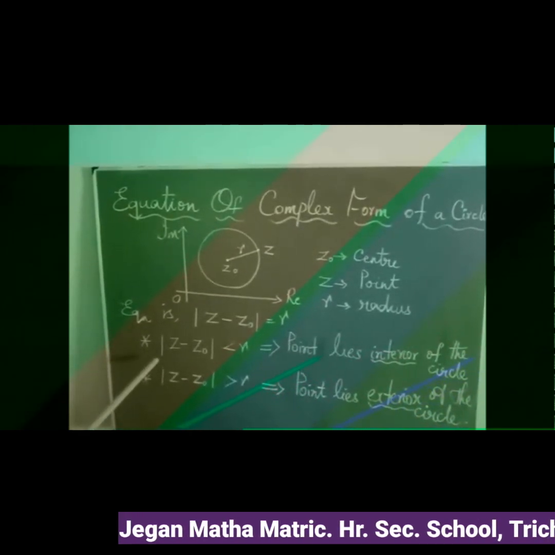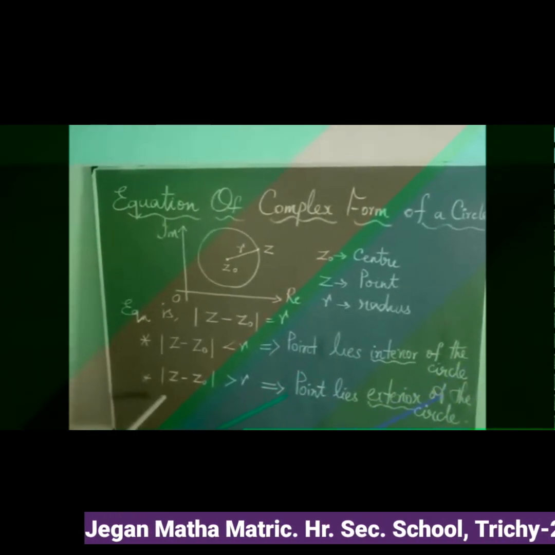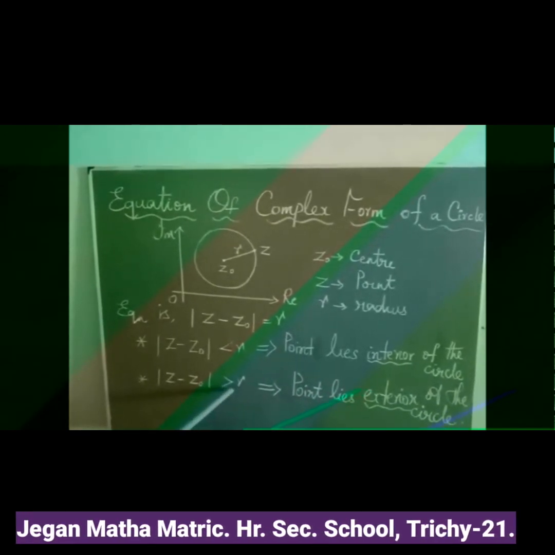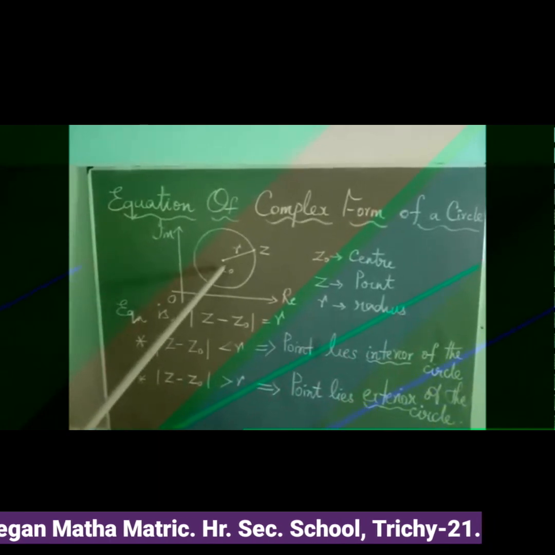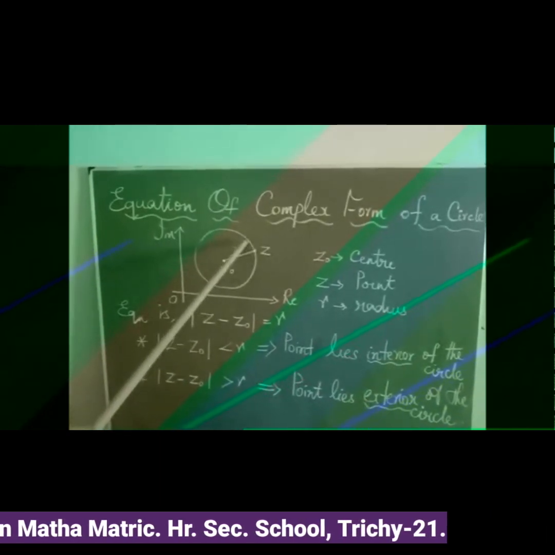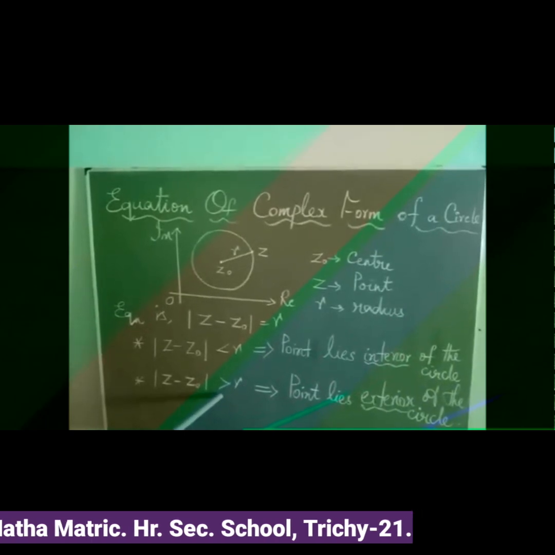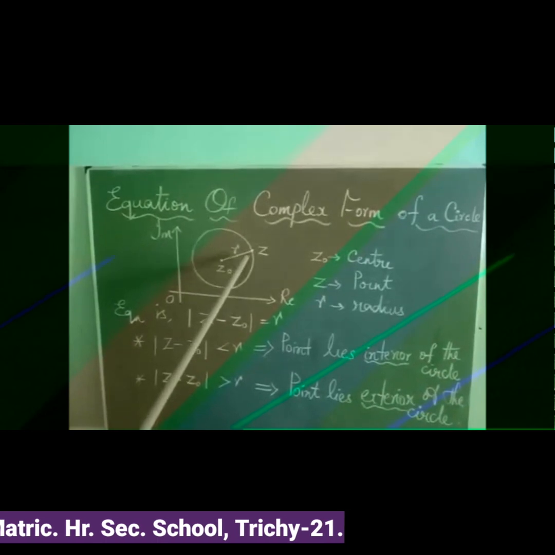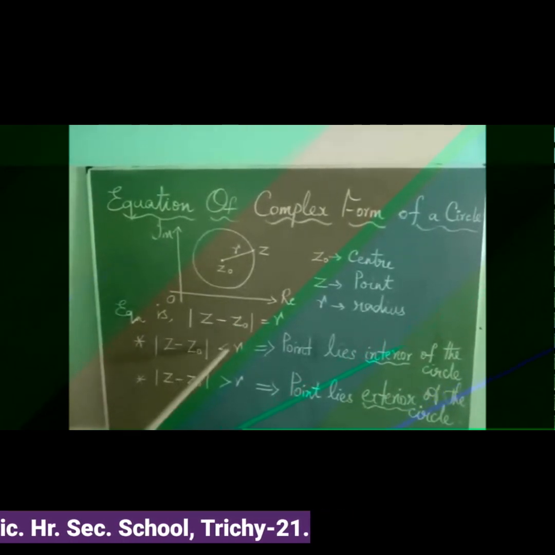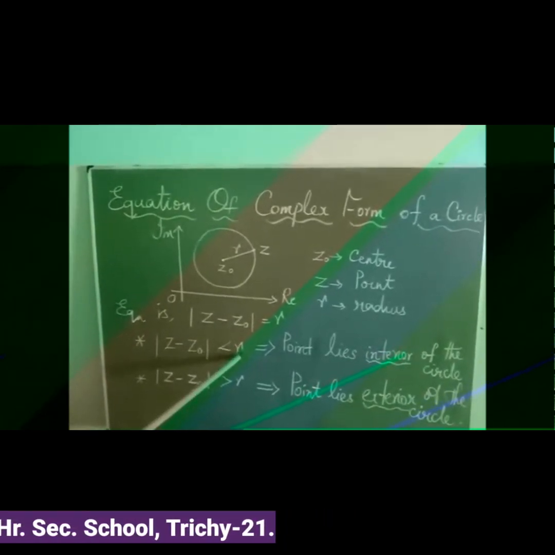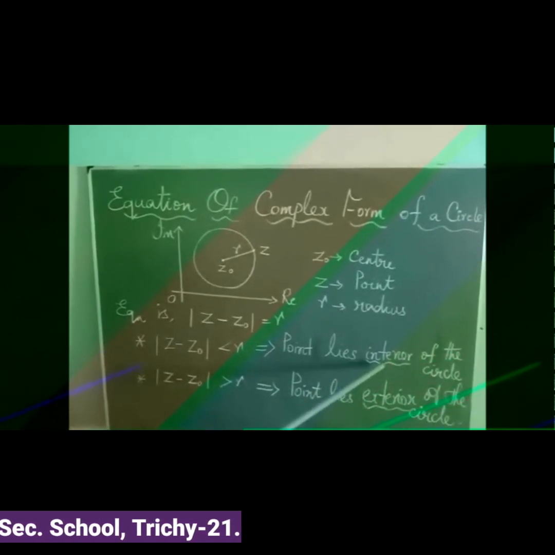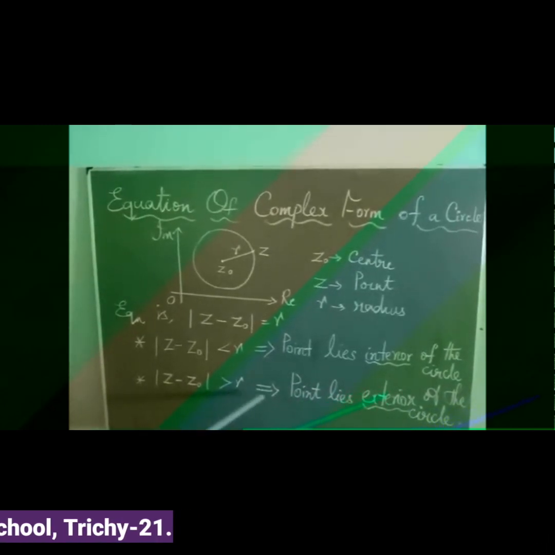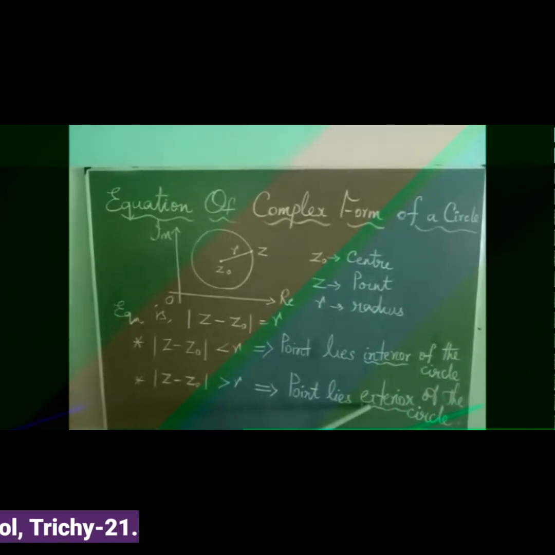In the other way, modulus of Z minus Z0 greater than R means the distance is more than the radius. If it is more than the radius, automatically the point lies exterior. Exterior means outside. So if the value is less than R, the point lies interior of the circle, and if the value is greater than R, then the point lies exterior of the circle.